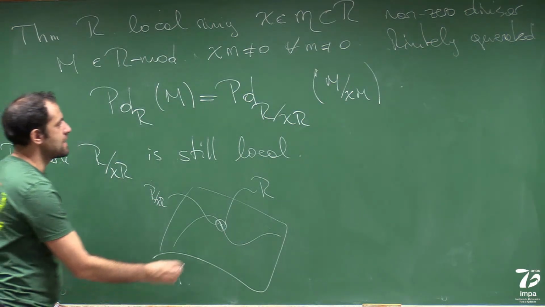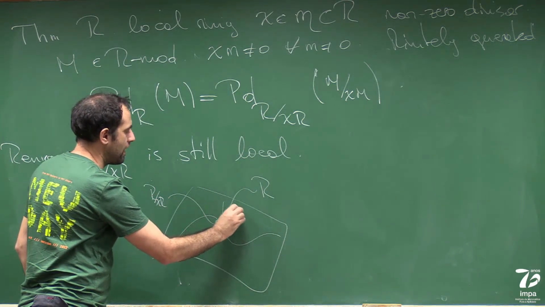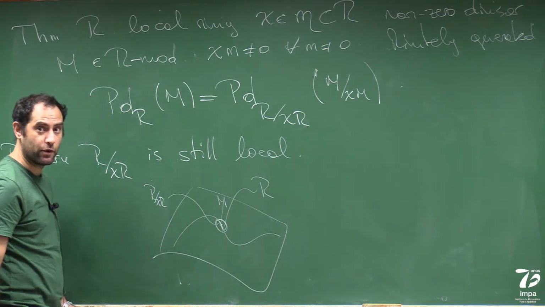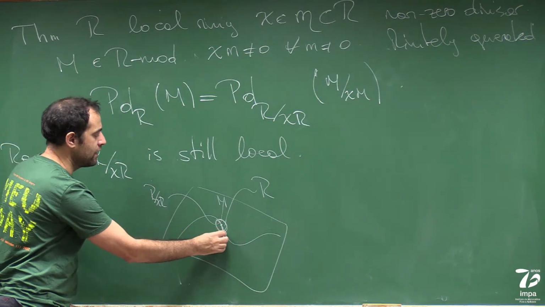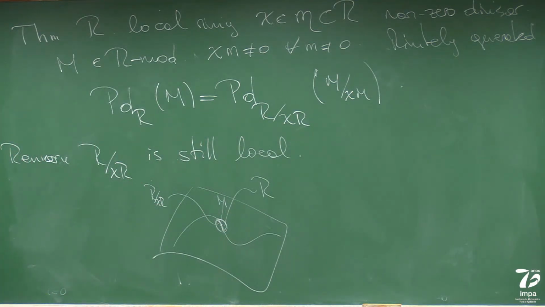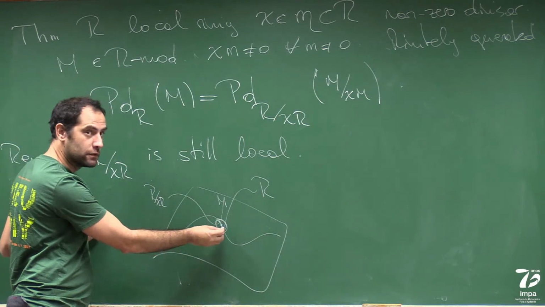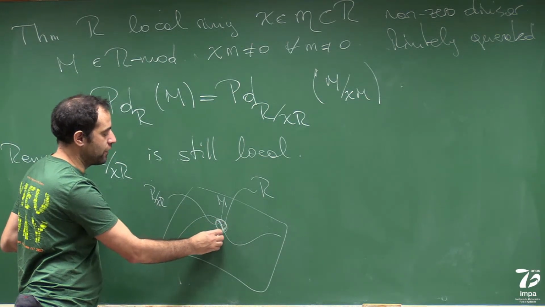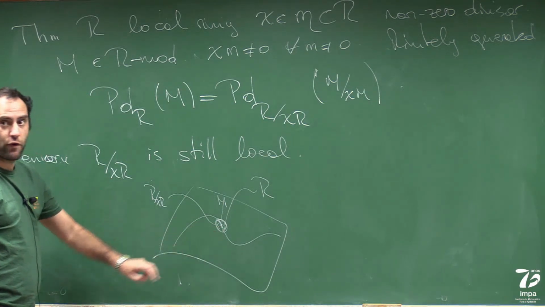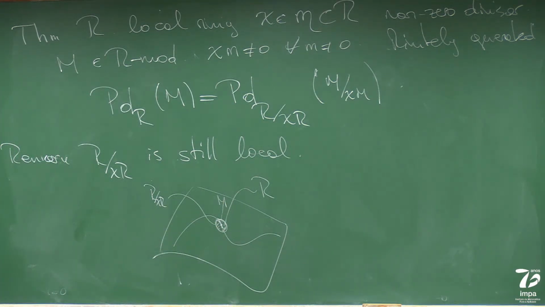What we're taking is a module on the ambient space and restricting it to the subvariety, and we're saying that the projective dimension didn't change. So if you needed n bundles to resolve on the ambient space, you're still going to need n bundles to resolve on the subvariety, and no less.